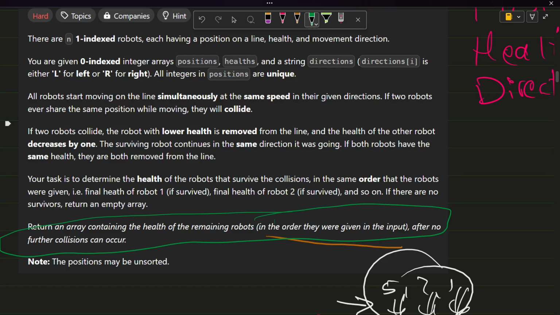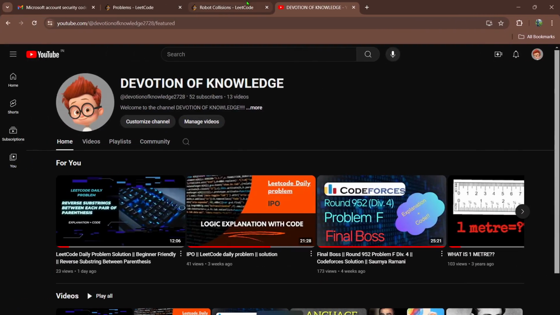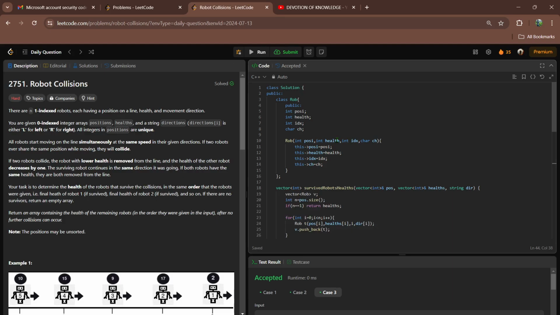So let's go. Yes, here is the code that I have written. I am going to explain it in two ways. As I told you, we are going to use the approach in which we use a class rather than a vector of pairs. This will be better, because we only have to write this much once, and in the rest of the code we will directly use the object of this class.